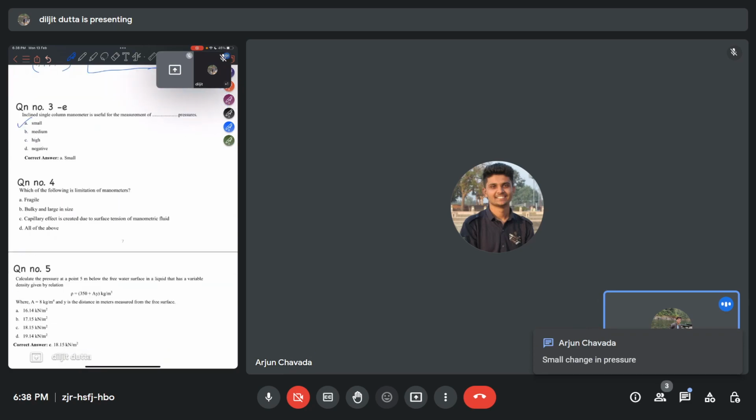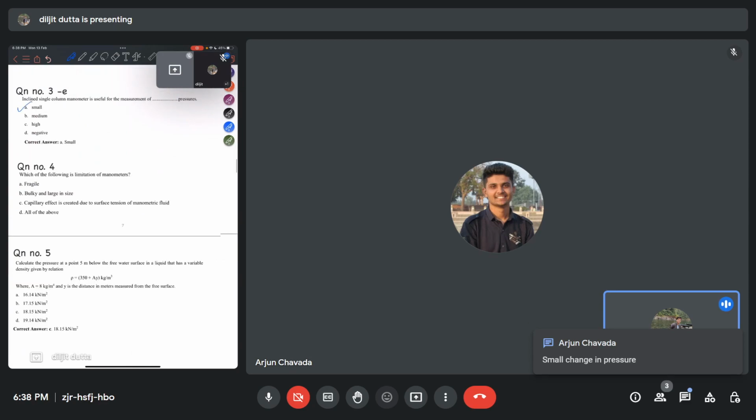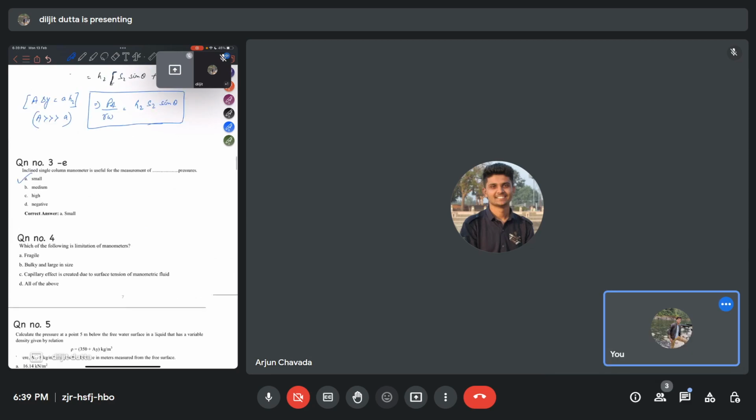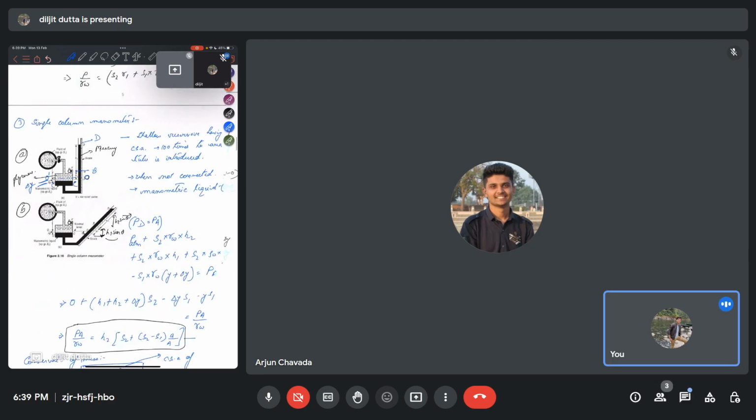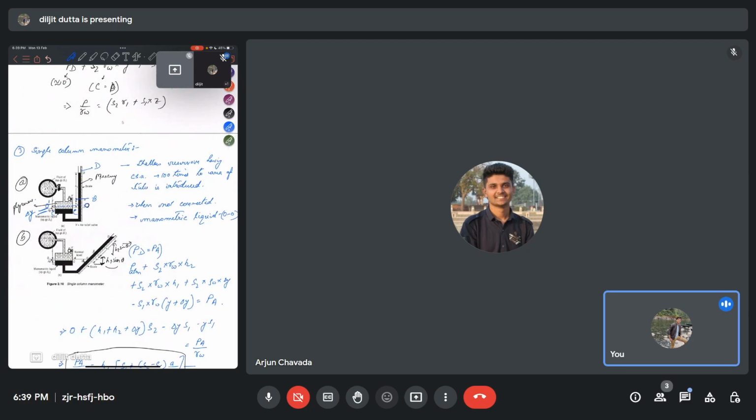Next, question number 4: which of the following is the limitation of a manometer? The manometers are fragile because generally they are made of glass, since we have to see the level of mercury up and down. Also, if we take a piezometer, or even a single column manometer, we will have to make a reservoir and connect it to a pipe.